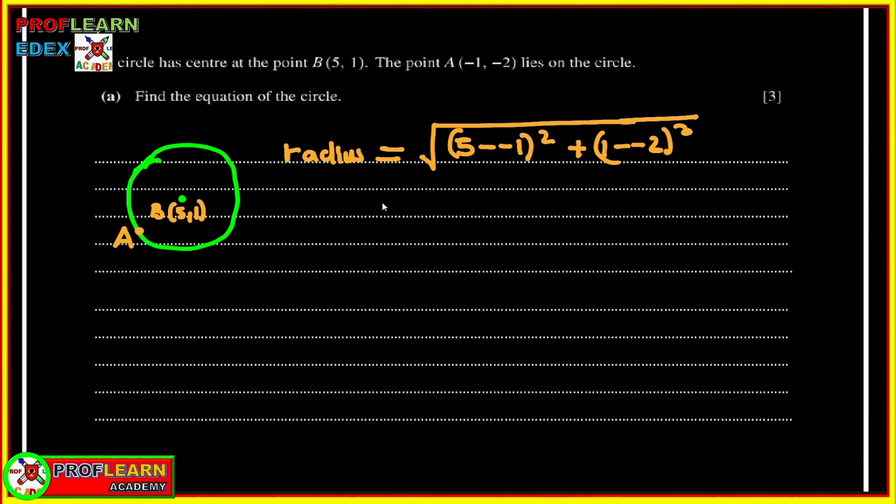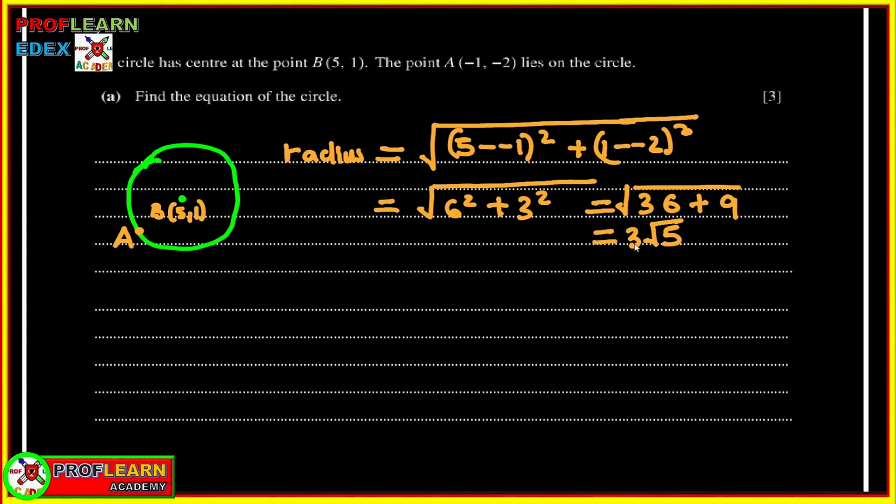When you are given two coordinates, you take x2 minus x1 squared plus y2 minus y1 squared. Then you find the square root in order to work out the magnitude. And if you simplify this, you get the square root of 45, which is going to translate to 3 root 5.